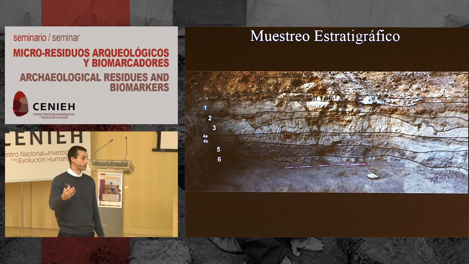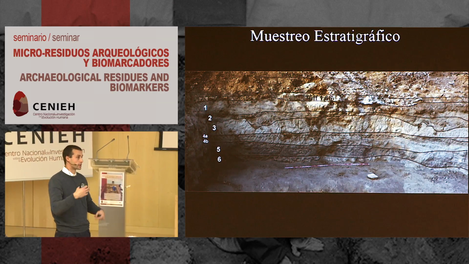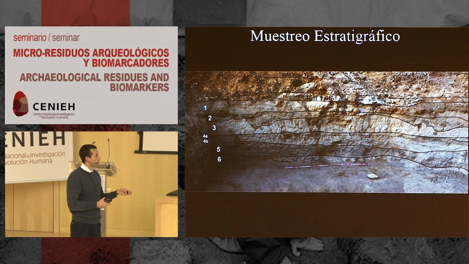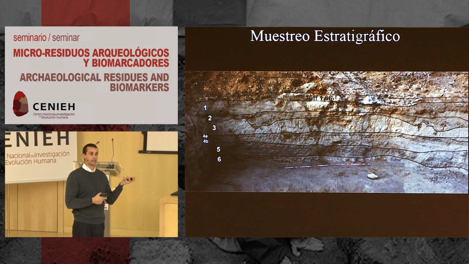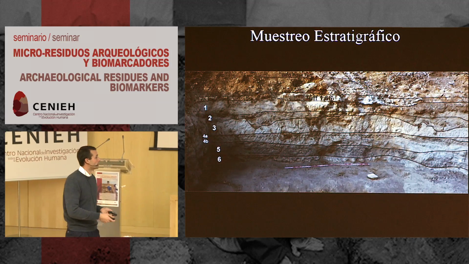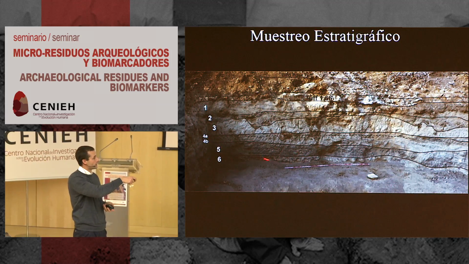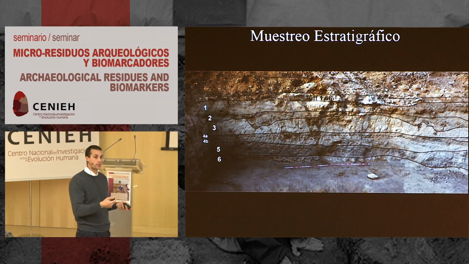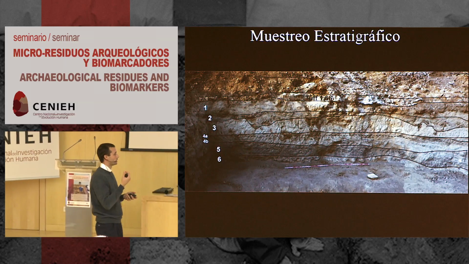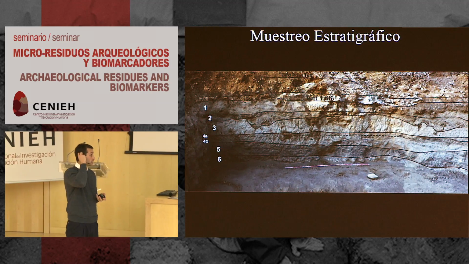We'll expose a fresh surface, clean it to make sure we don't have any modern material covering it, and what we're collecting has been preserved over the last however long. These units are based on geological sediments, how they were deposited, the grain size, and the rock type, if there are any.